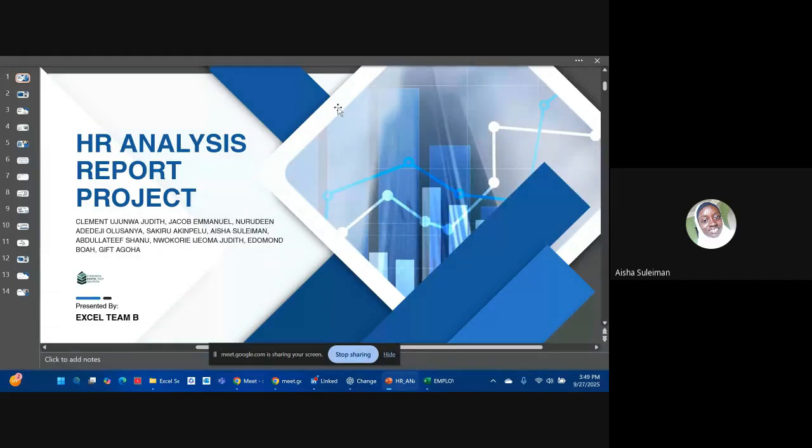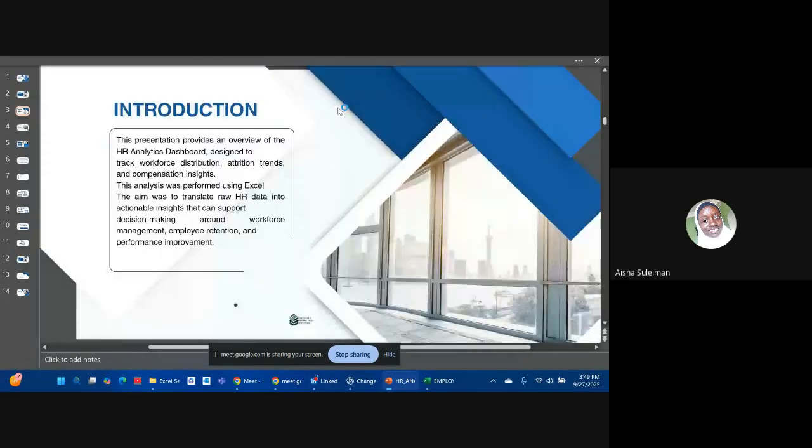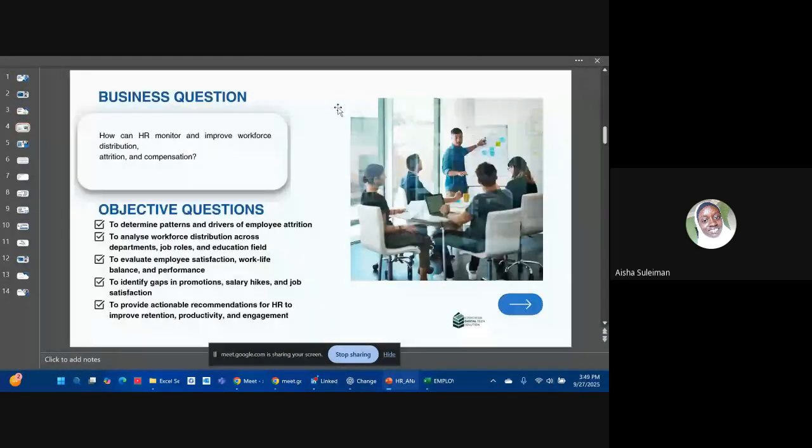Today we'll be presenting our HR analytics dashboard, which was designed to track workforce analysis, distribution, attrition trend, and compensation insights. Our aim was to translate raw HR data into actionable insight that can support workforce planning, employee retention, and performance improvement.